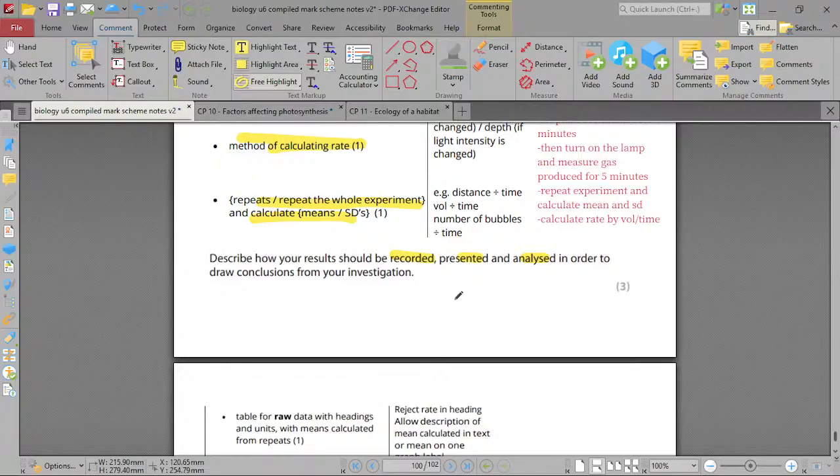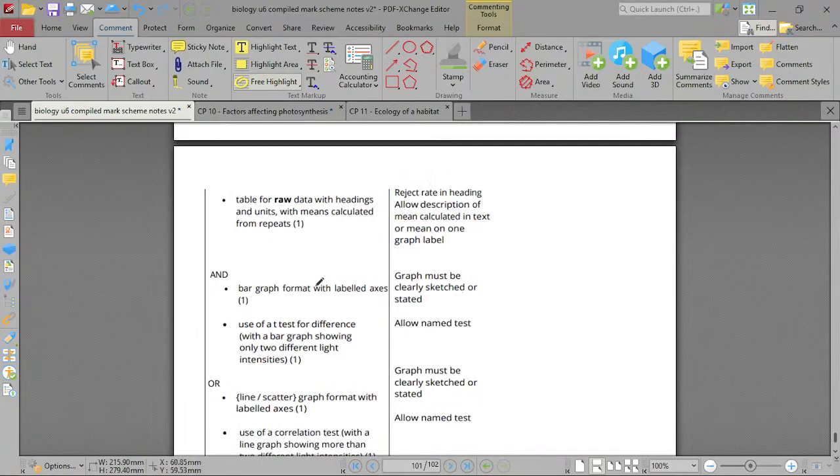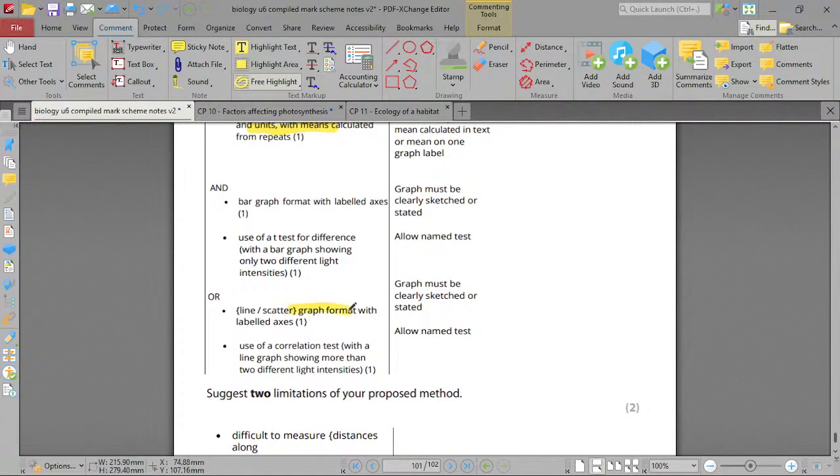Present data on a scatter graph with axes labeled, and perform a correlation test using a rank correlation test or something, right? So table for raw data with headings and units with the means calculated from repeats. Scatter graph with labeled axes, use a correlation test.